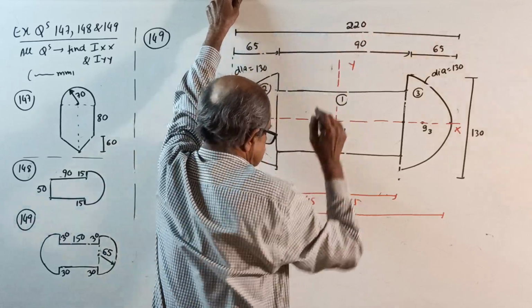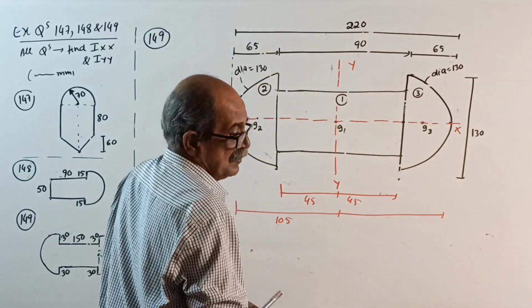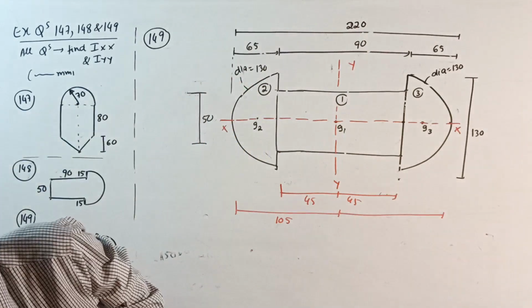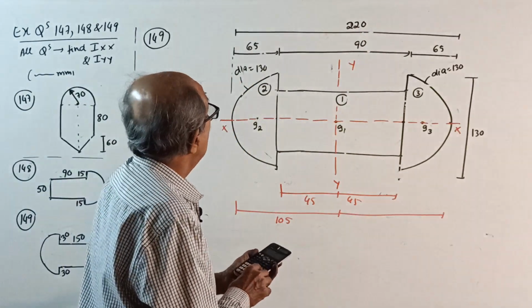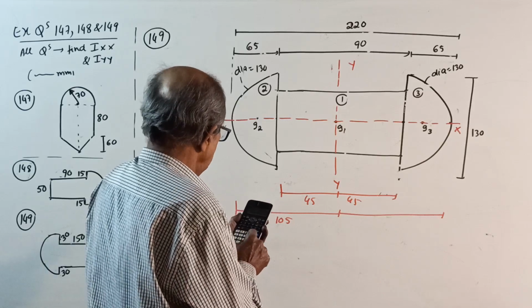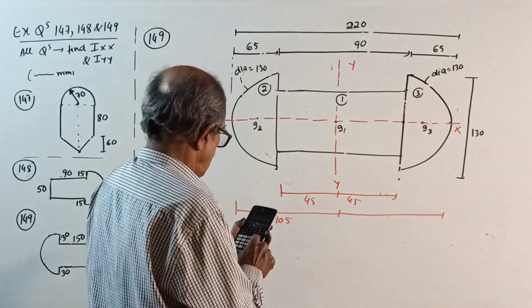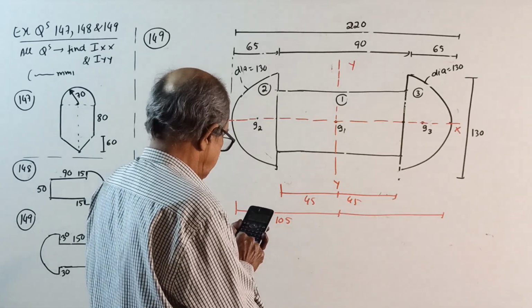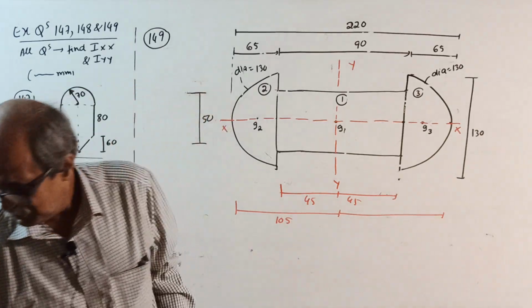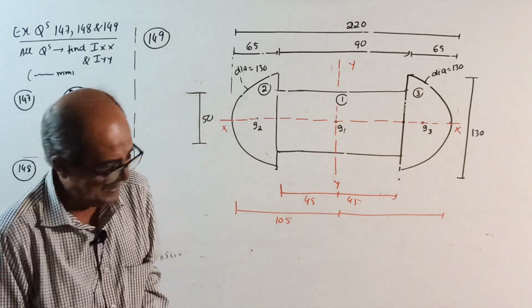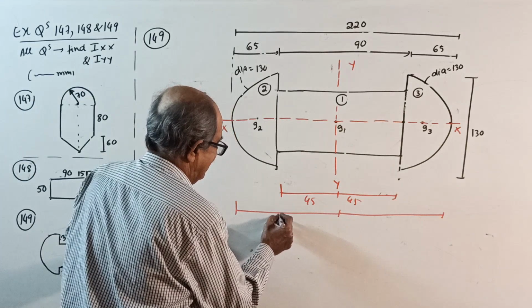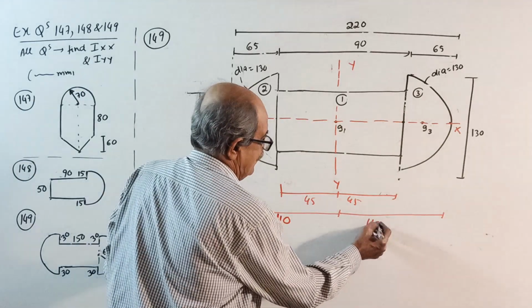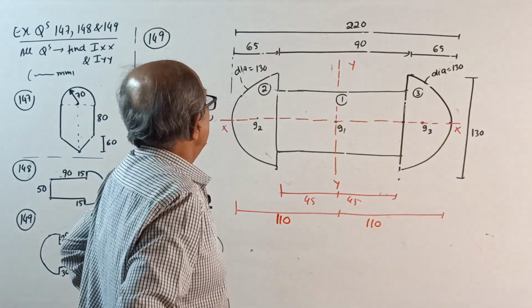Then something is wrong there. One minute. This is how much? 45 plus 65 is 110. Calculator problem. 110, 110.